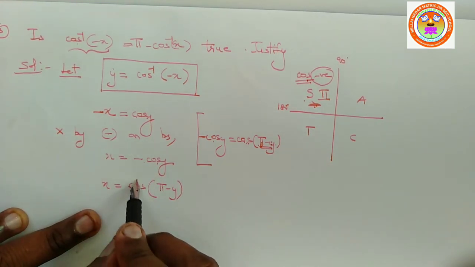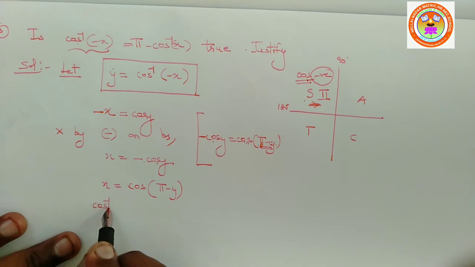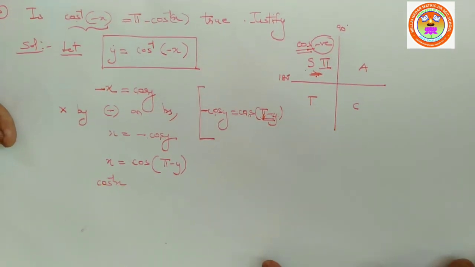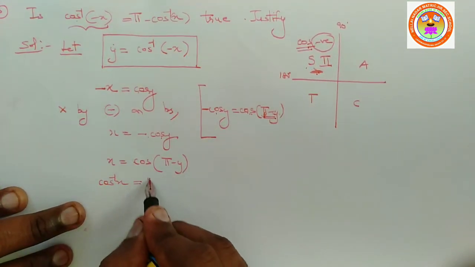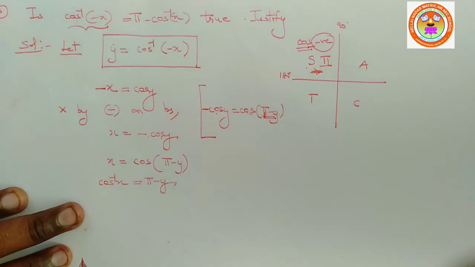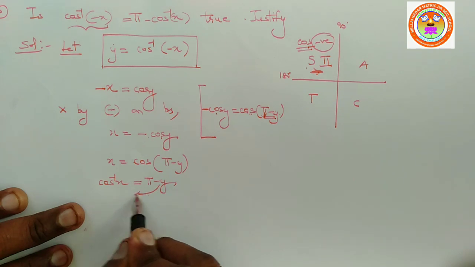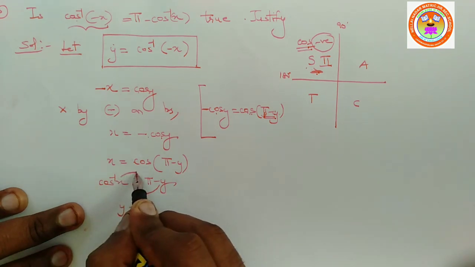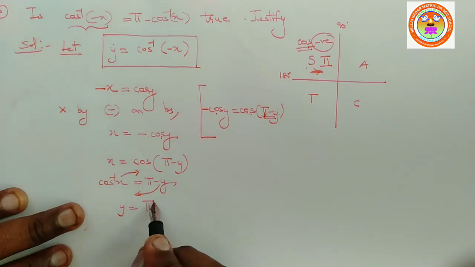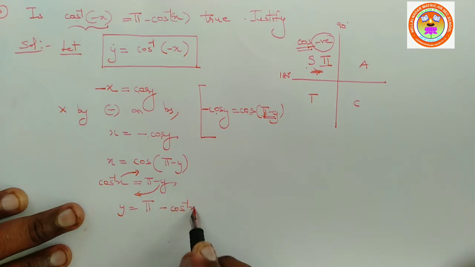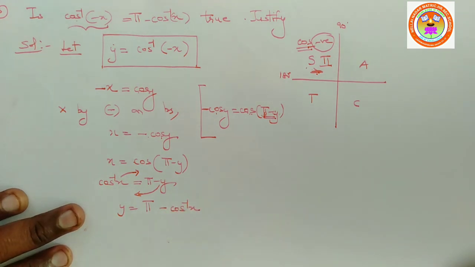Cos moves to the other side, becoming cos inverse of x equal to pi minus y. Minus y moves to the other side, becoming plus y, and cos inverse of x moves across, giving y equals pi minus cos inverse of x.